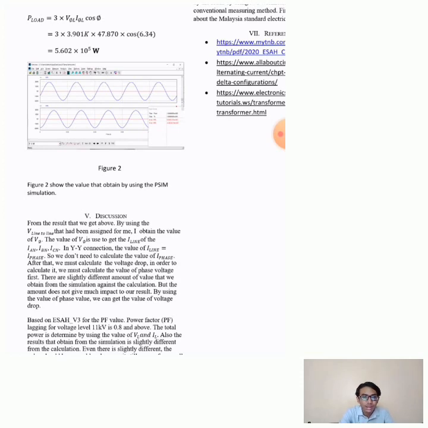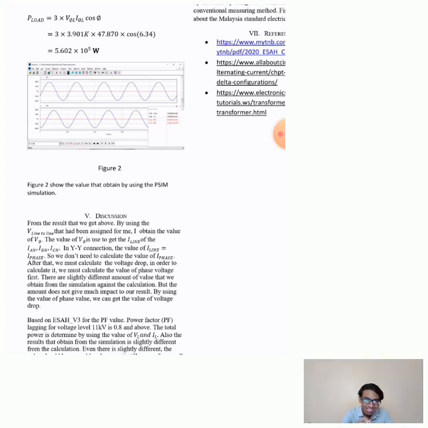In the delta Y to Y connection, the value of I line is equal to the value of I phase, so we don't need to calculate the value of I phase. After that, we must calculate the voltage drop. In order to calculate it, we must calculate the value of phase voltage first.